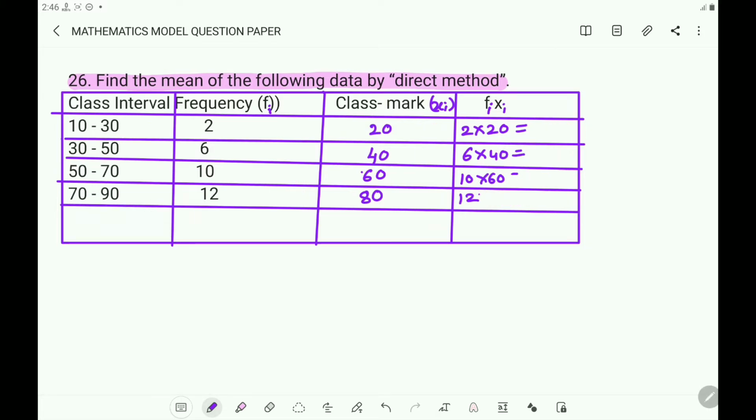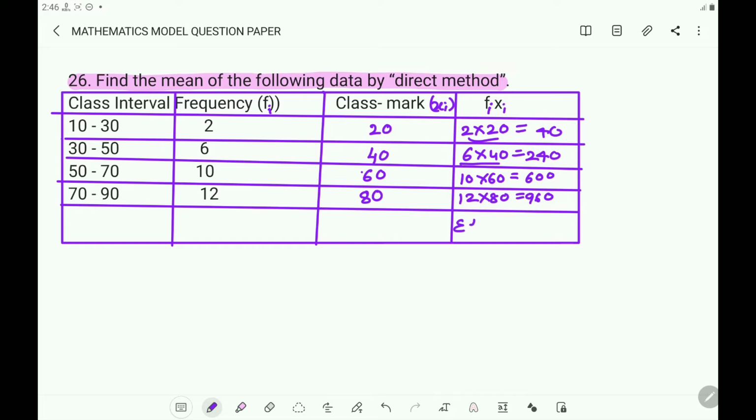Next 12 into 80. So 2 into 20 is 40. 6 into 40 is 240. 10 into 60 is 600. And 12 into 80 is 960.